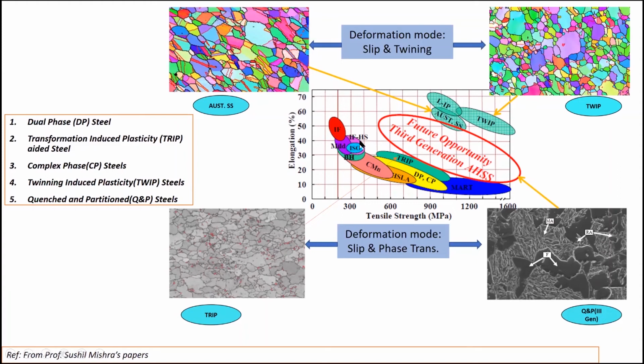Most of the mechanisms that give us an increase in strength are going to lead to a decrease in the elongation, or another way to look at it, a decrease in the formability. So that is why this shape of the banana curve comes.